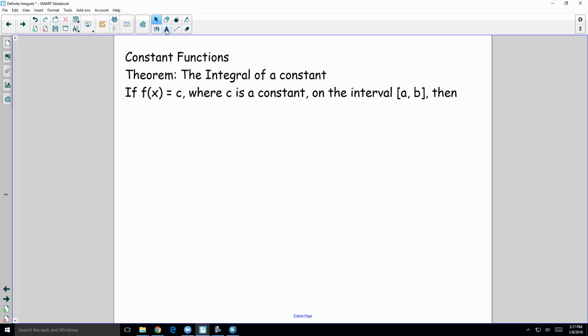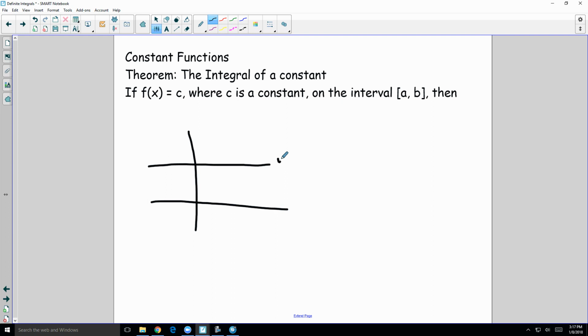Constant functions, this one we've actually seen. Here's my graph. Here's a constant, y equals, let's say, a constant c. Not y equals x, y equals c. Let's say we're going over the bounds a to b. This looks a whole lot like that train question that we started with that first day.